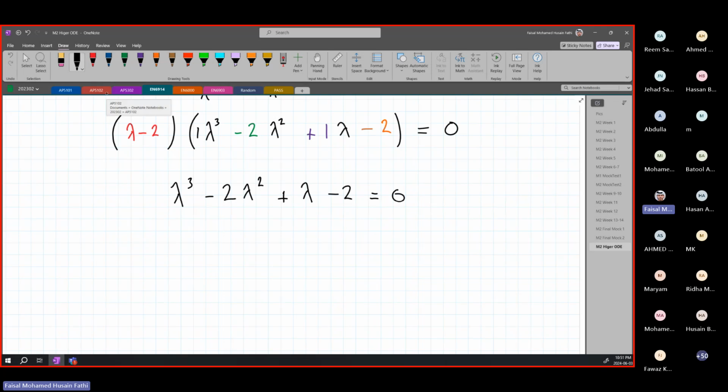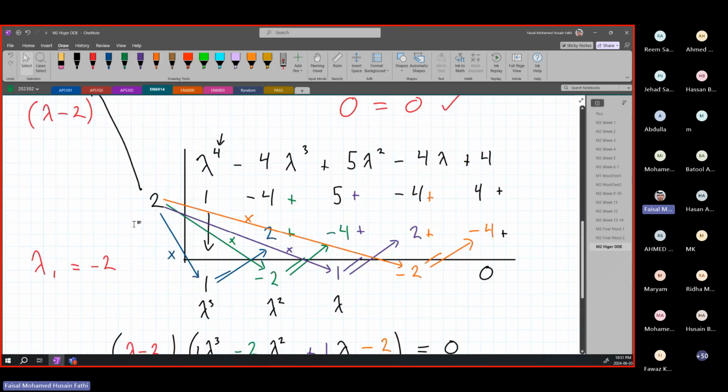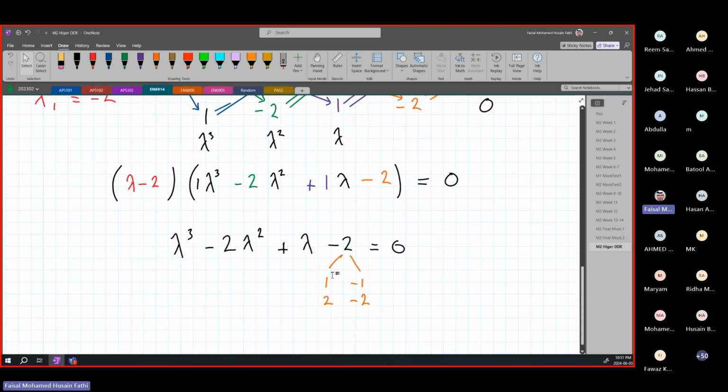We're going to be looking at the minus 2, taking its factors out, and doing trial and error. The factors of this are 1, 2, and minus 1, minus 2. Note, since 1 was already not a factor in the beginning, it's again not going to be a factor here. So you can just move on to the next value.